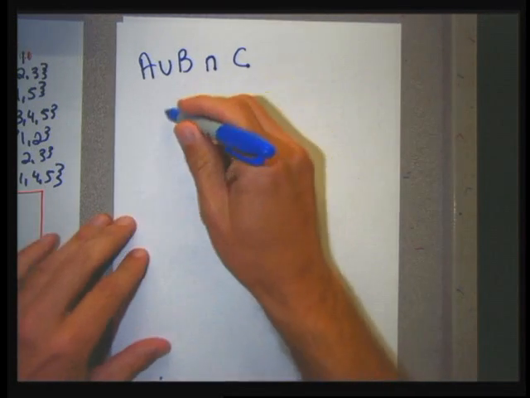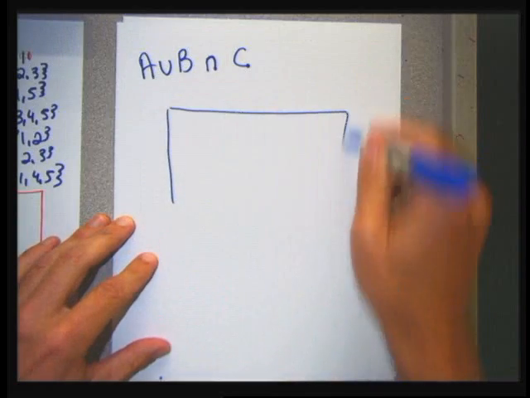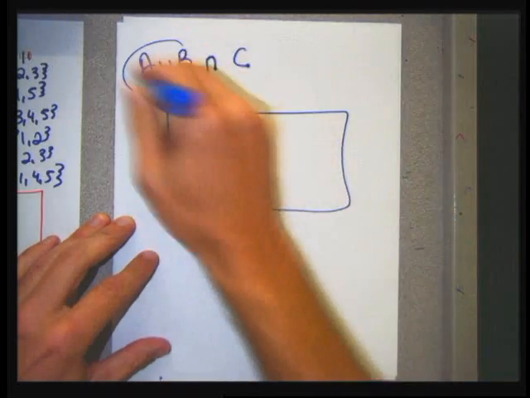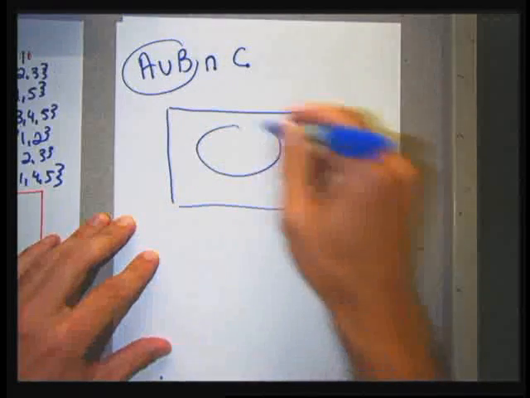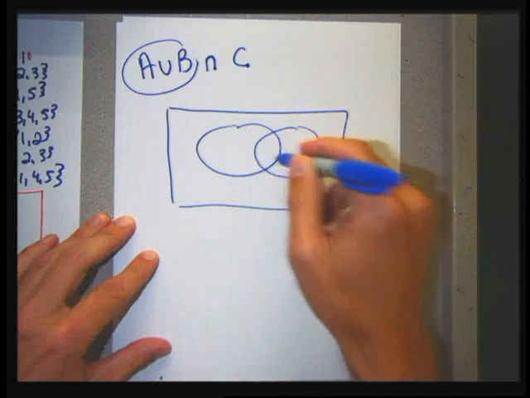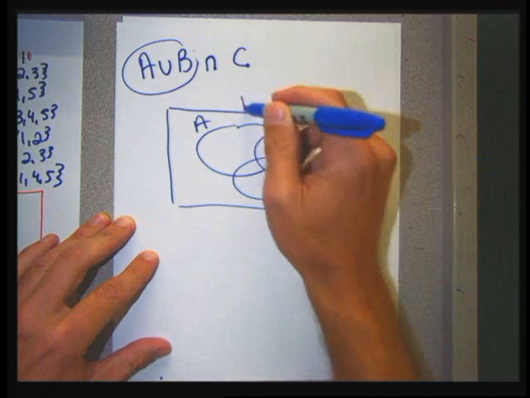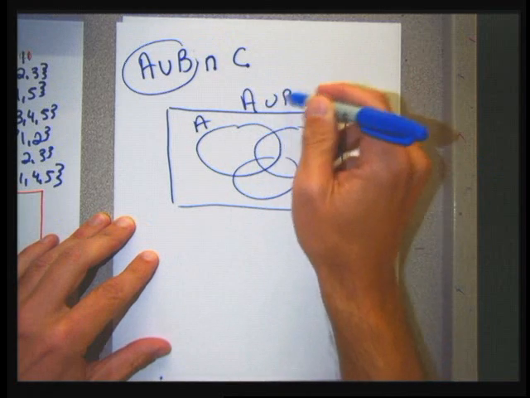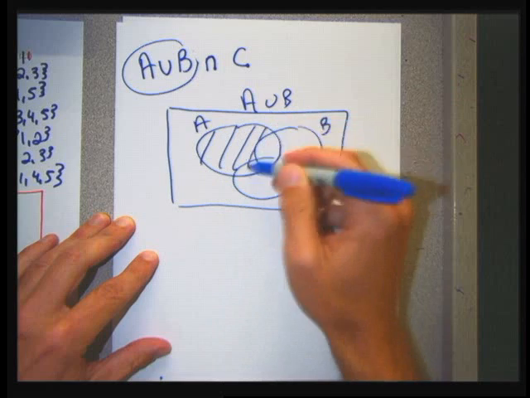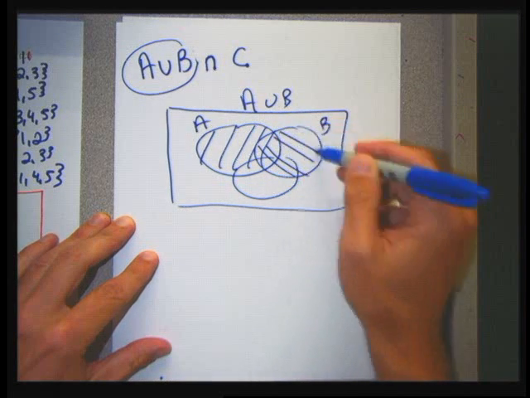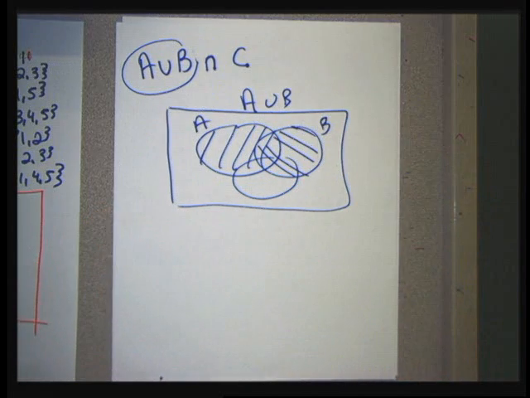How I get this pictorially is first I find what A union B asks me to look at. A union B says anything in the A circle or the B circle or both. So the A union B part of this is this whole circle and that whole circle. That's what A union B is.